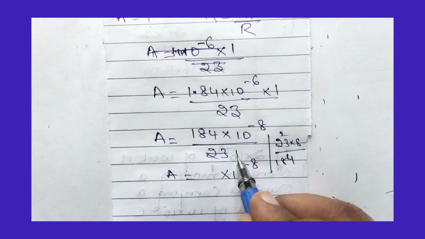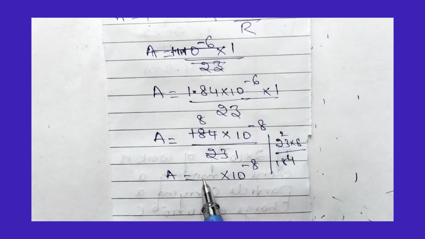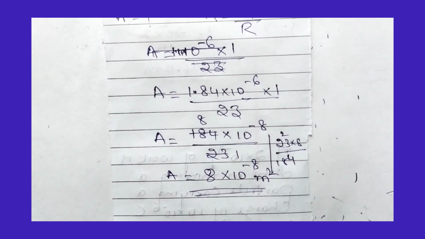So 23 eights are 184. So the area is equal to 8 into 10 to the power of minus 8 meter square. So what is the area of the given wire? The area of the given wire is 8 into 10 to the power of minus 8 meter square.